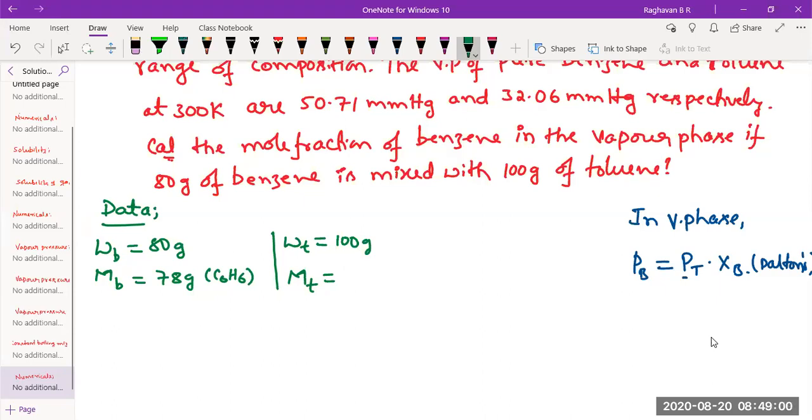Probably 92 plus 15, no? 77 plus 15. So mole fraction is 0.5.